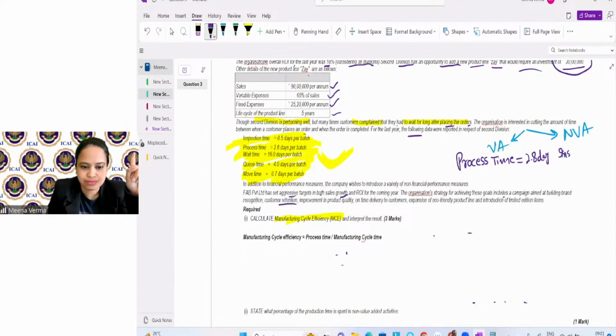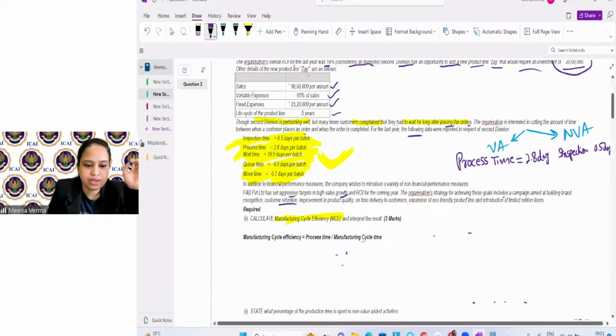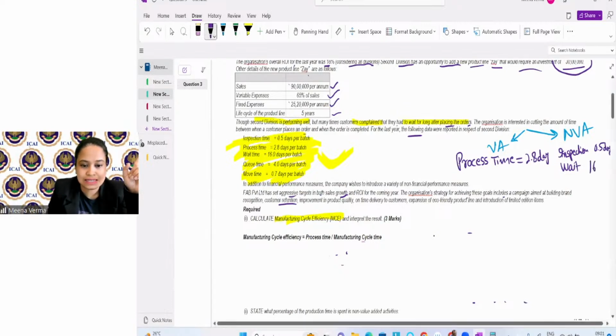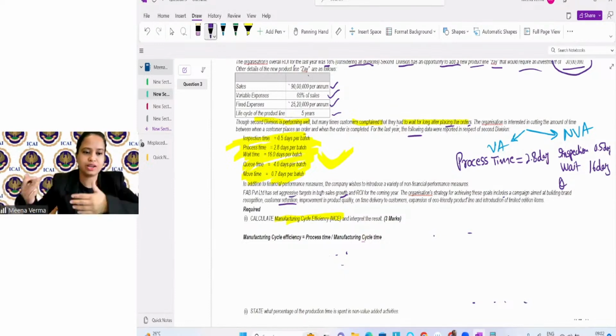Inspection time. How much? 0.5 day per batch. Then wait time is also a non-value-added time. How much? 16 days. Then queue time. Queue means the product is taking time to produce. They are in line and taking time to be produced. So queue time, during the process, queue time.